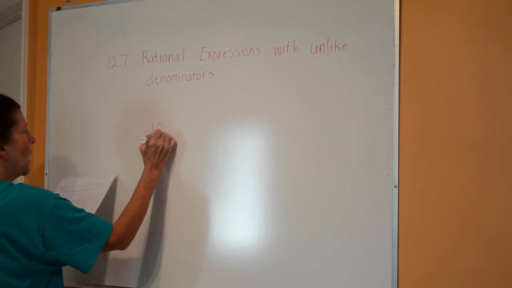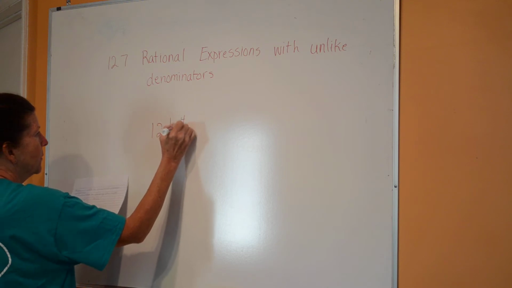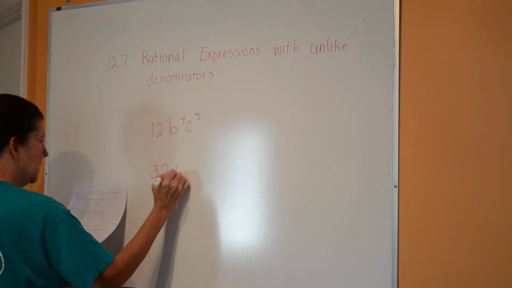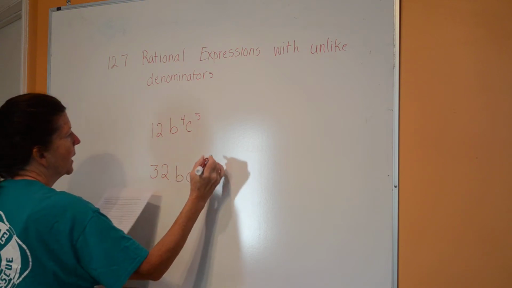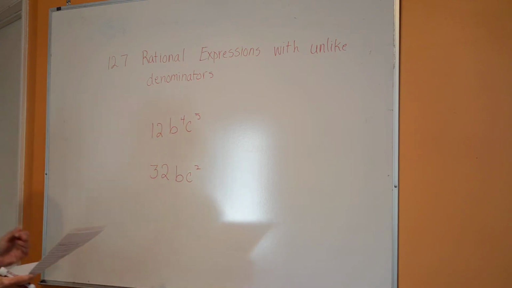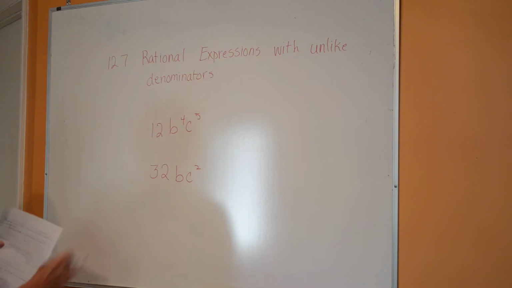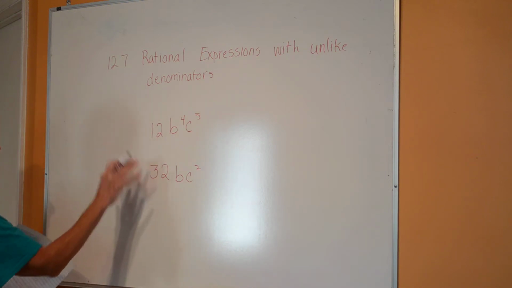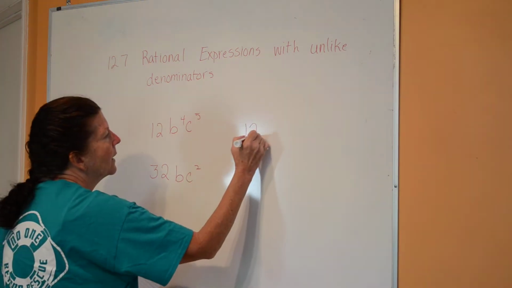Let's say I have 12 b to the 4th c to the 5th, and I have 32 b c squared. The highest power of the number is going to make it a little bit more difficult, but like I said, on the number, you might want to write out the bottom row.